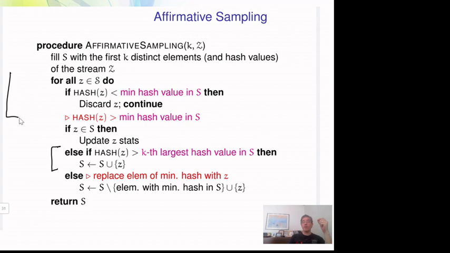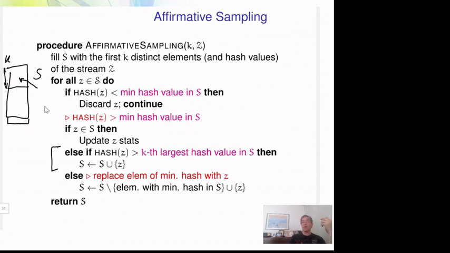So the sample at any moment will have this structure where you have the k elements that have largest hash value, and in this case your element will enter here and the sample size will grow by 1, right?